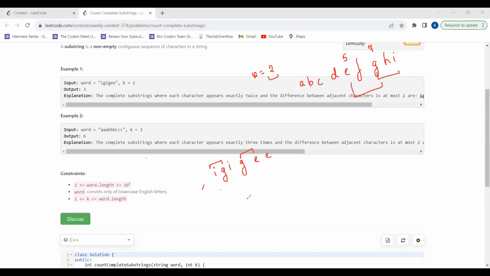IG, the first one. Then IG, IG. Then double E. And then IG, double E.